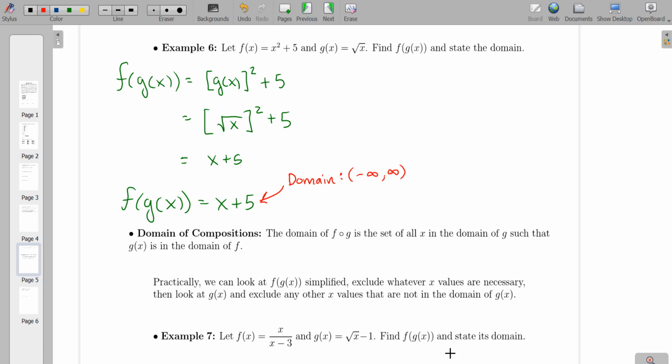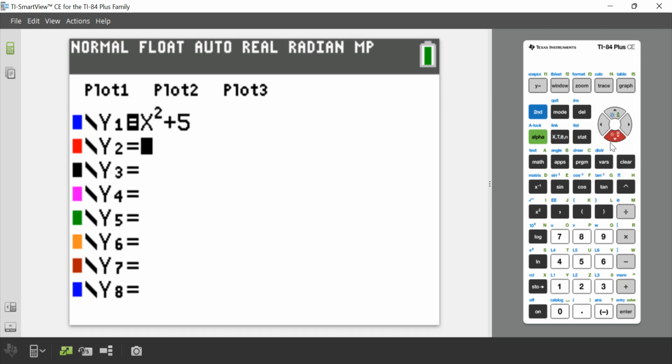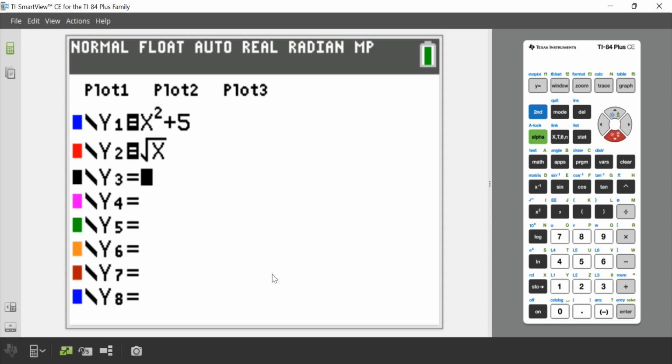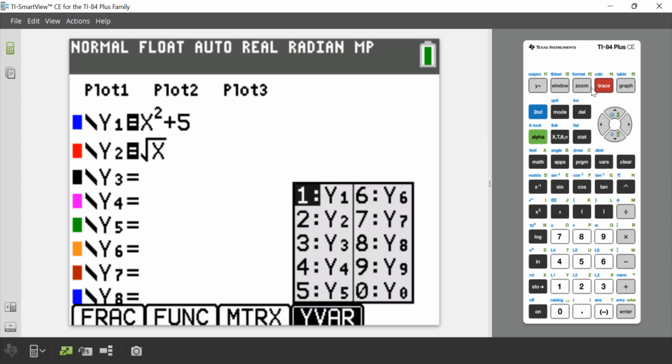But let's take a look at our graphing calculator here, and let's go ahead and type in these two functions. So first of all, x squared plus 5 and the square root of x. And then if I want to look at the composition of these functions, I can define my y3 as y1, so alpha f4, then find y1 and press enter.